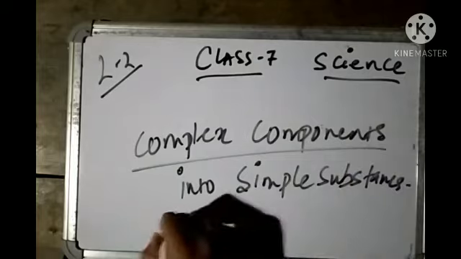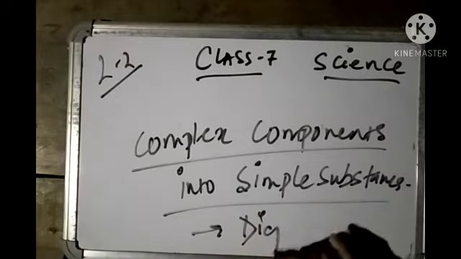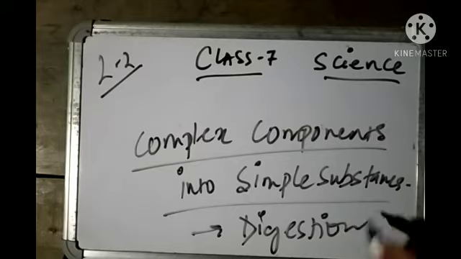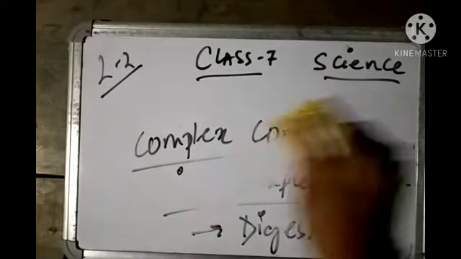So the breaking down of complex components of food, for example carbohydrates, into simpler substances is called digestion. So what is digestion? The breaking down of complex components of food into simpler substances is called digestion.